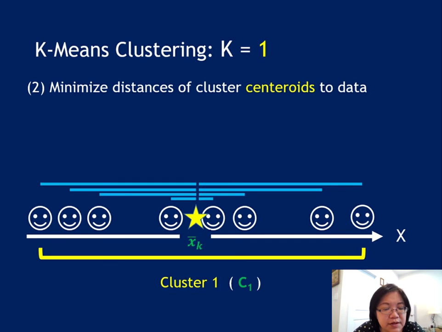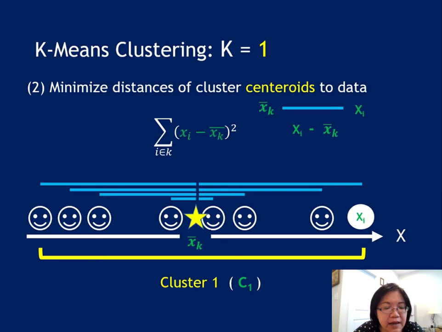So the center is really the mean, right? So the mean of X for cluster K. This is the mathematical notation for it. And each of the smiley faces is a data point. So that's an X1. So if we want a centroid, which is the mean, and the data, which is X of I, then the distance between the two is really just the data point minus the mean.